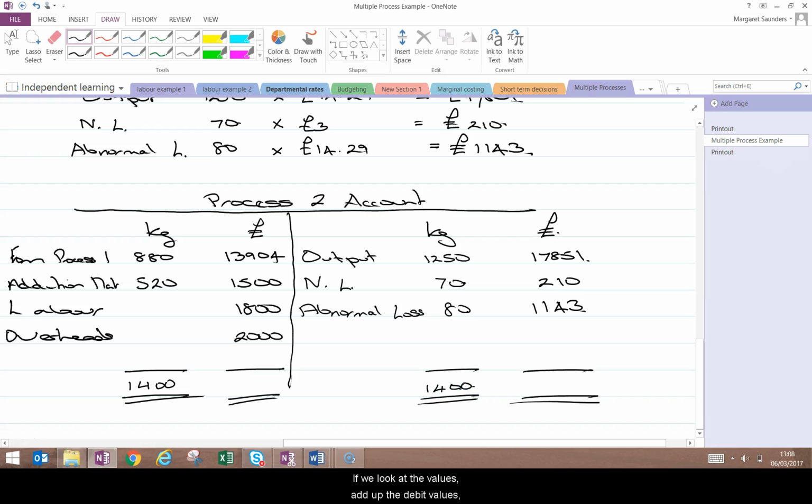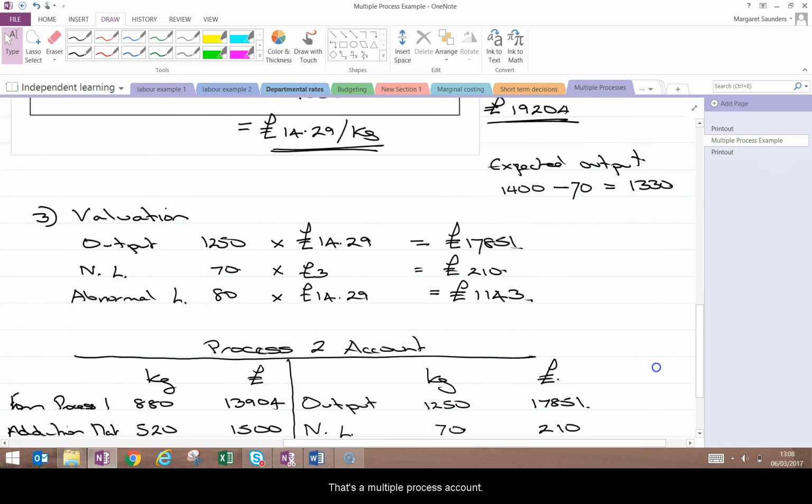If we look at the values, add up the debit values, they come to £19,204. Add up the credit values, £19,204. So everything balances off. What's gone into the process has been accounted for within what's come out of the process, whether it be the output, a normal loss, or an abnormal loss.